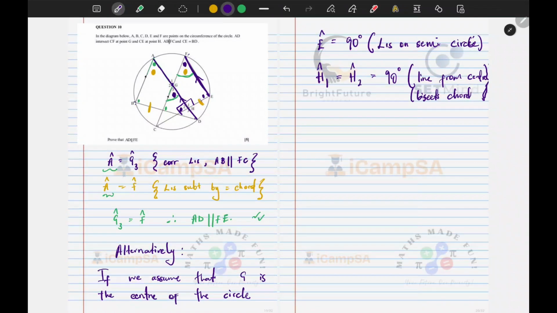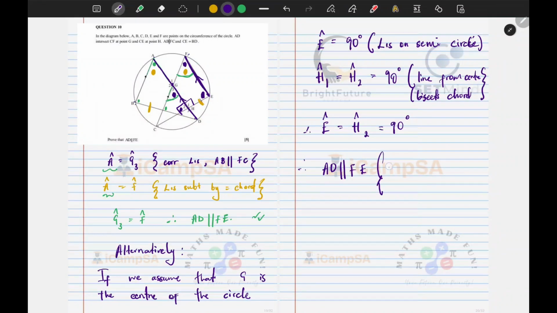Remember, what we wanted to prove was that E is equal to H2, and therefore angle E is equal to H2, which is equal to 90, and therefore AD is indeed parallel to FE.